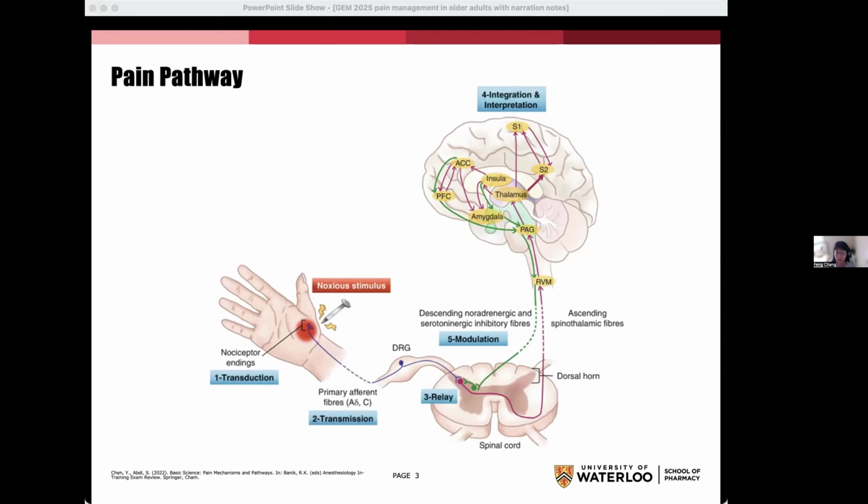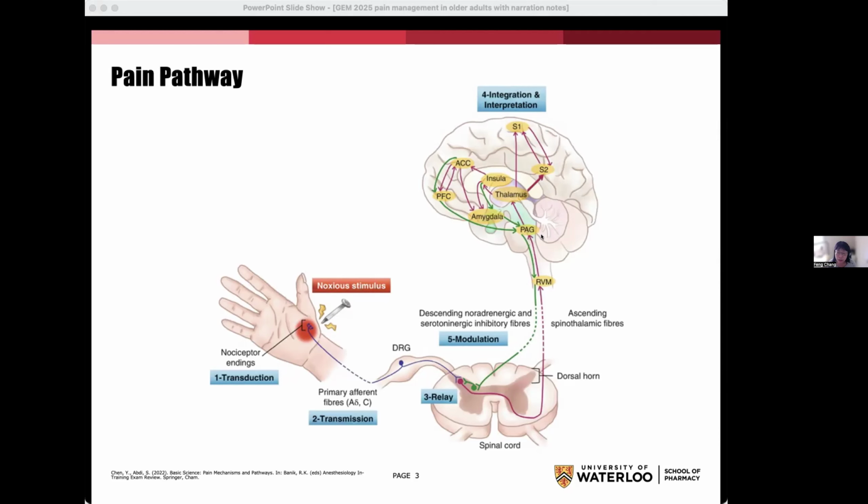So here, when the injury happens on the hand, pain starts with a stimulus, and then in the hand, it goes through to the peripheral nervous system, and then the synapses in the dorsal horn right up here, and then it travels up this spinothalamic tract to synapse in the thalamus and then medulla, and basically involves multiple areas in the brain.